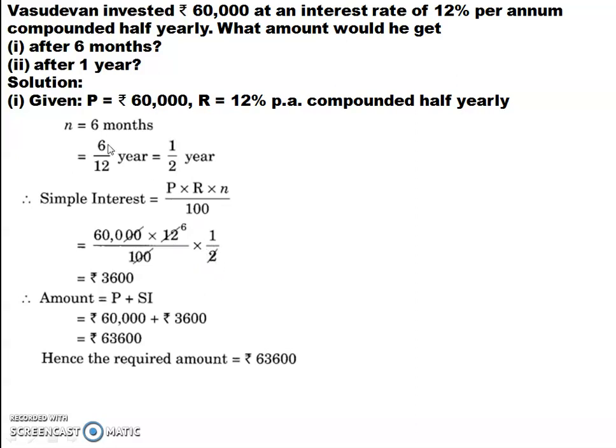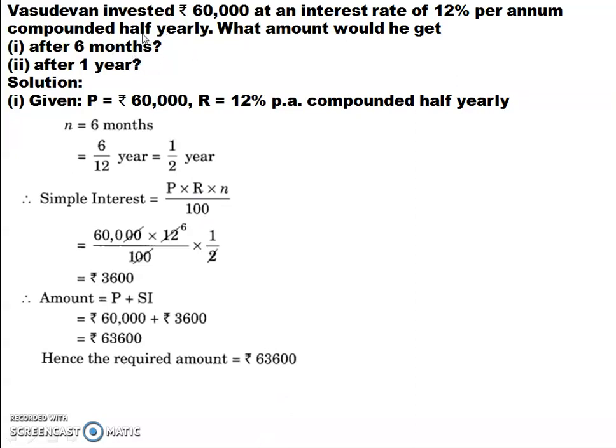Why 1 by 2? 6 months is 1 by 2 year. So amount is 60,000 plus 3,600. So the required amount after 6 months is 63,600.